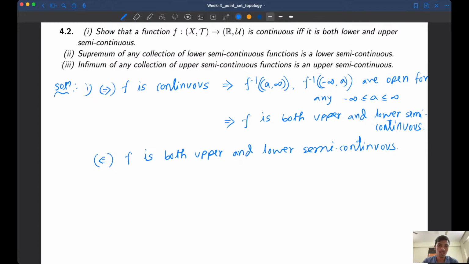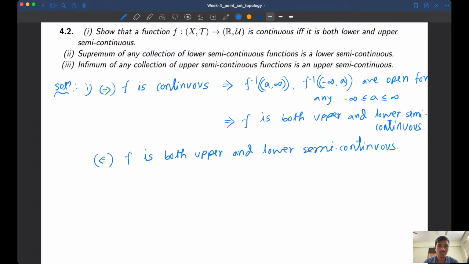So can you prove that? By taking a suitable intersection, I think we can do it. So instead of taking all open sets, I should only focus on open intervals, right? Yeah.